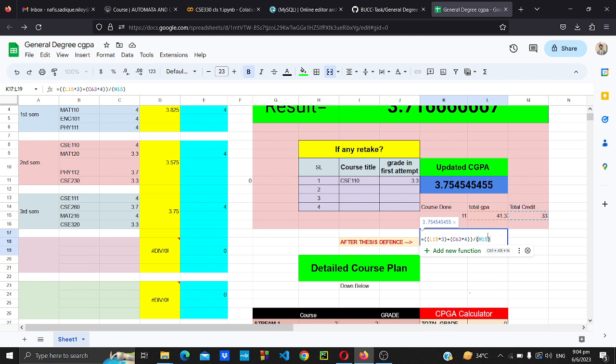As we have a 4 credit course in case of thesis, it's just going to multiply all other courses by 3, and then add the GPA of the thesis multiplied by 4, and then add with the other GPAs, and then it divides by the total credit, that is M15, and then we are getting the desired GPA after the thesis.